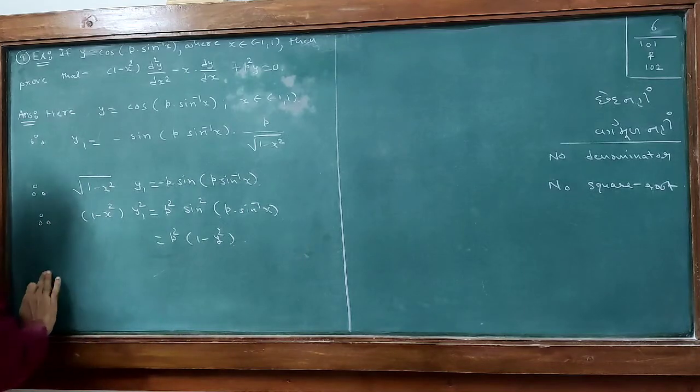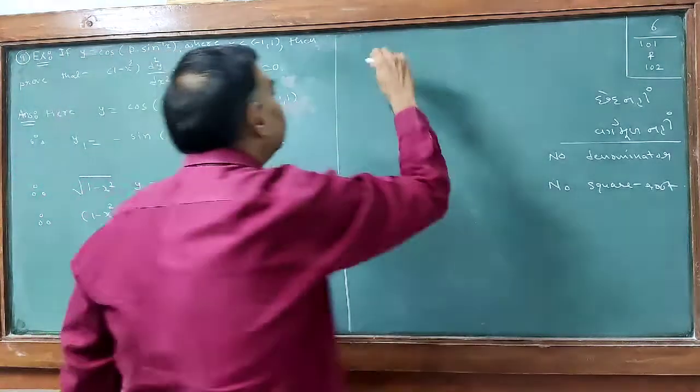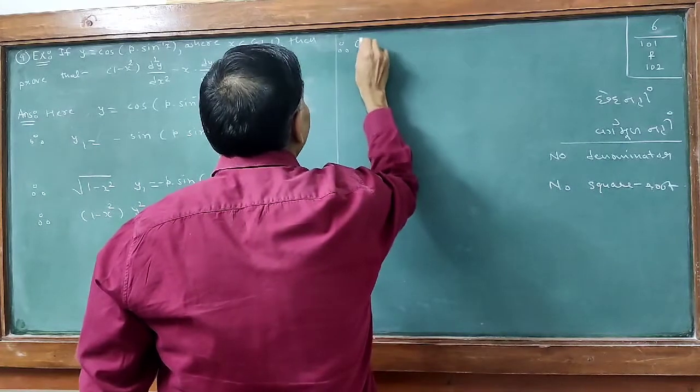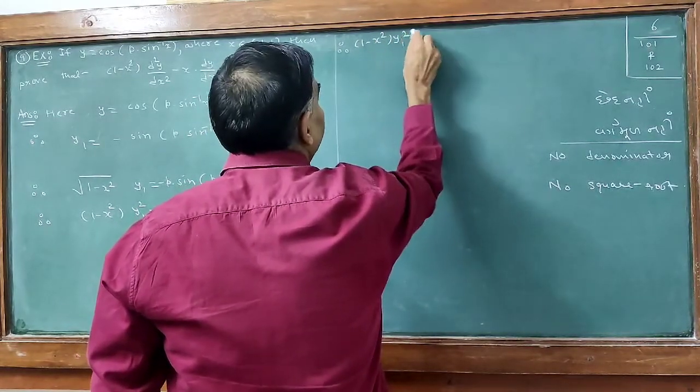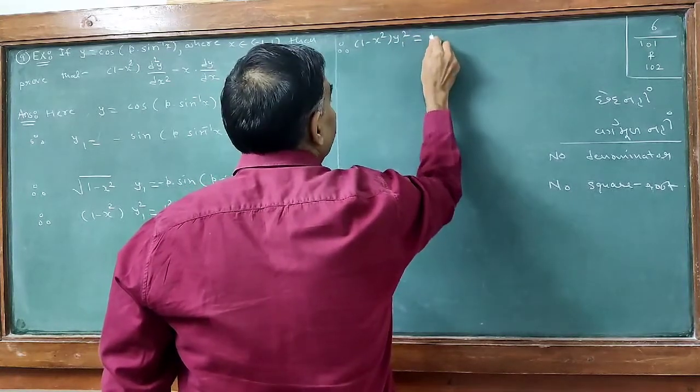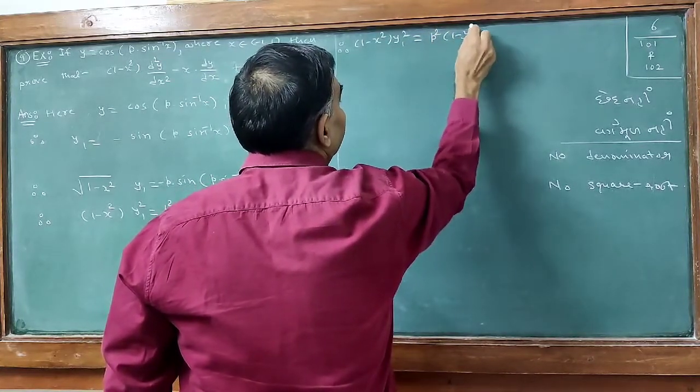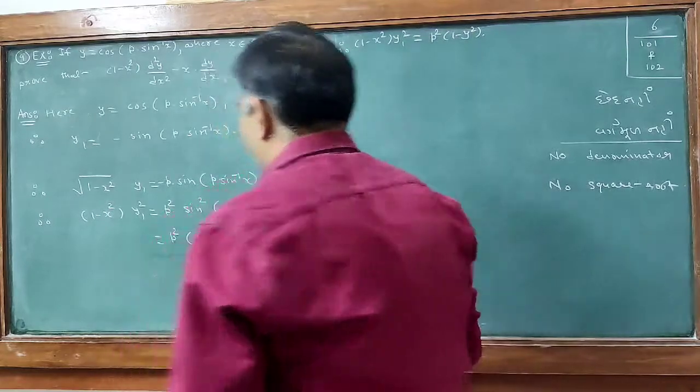Therefore 1 minus x square y1 square equal to p square into 1 minus y square.